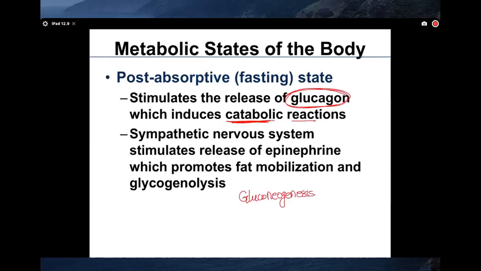It was enhancing the glycogenolysis, the breakdown of your glycogen in the liver and muscle cells. Also, the catabolic reactions here are going to be induced by the sympathetic nervous system, which is going to be mediating its effects by the epinephrine that promotes mobilization of the fat and glycogen.